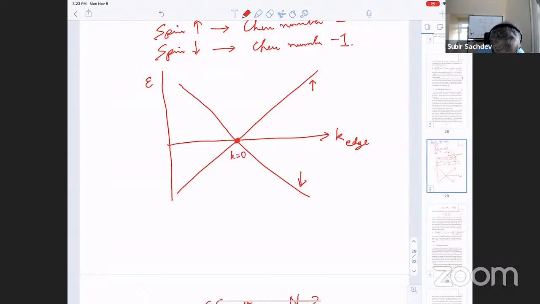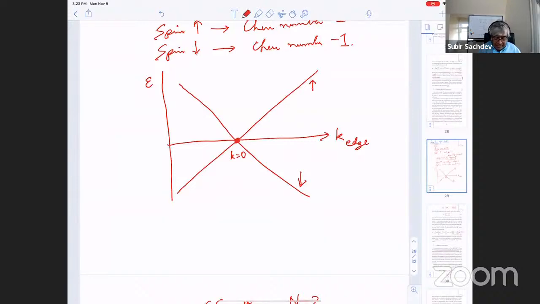So k equals 0 is a special point because it's what's called a time reversal invariant momentum, or TRIM. You'll see the word TRIM in all these papers on topological insulators now. Under time reversal, the velocity of the particle goes from v to minus v. So if it's at rest, it's a time reversal invariant state for the particle.